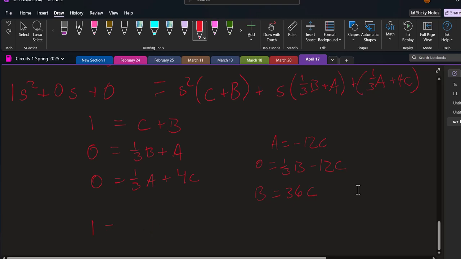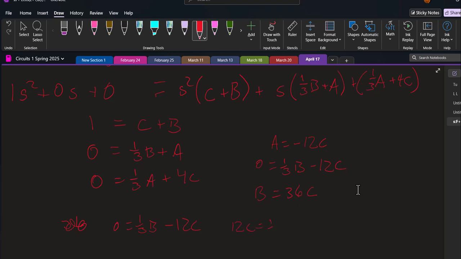So 0 equals a plus 1/3 b, yeah. And then I stuck in negative 12c for a. So add 12c to both sides: 12c equals 1/3 b. And then b equals 36c. That's what I got.